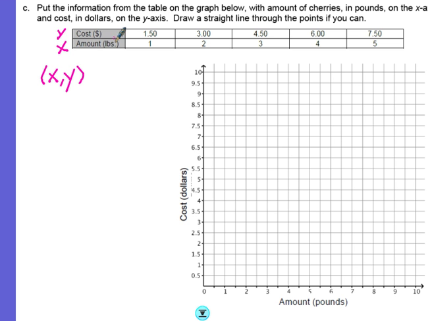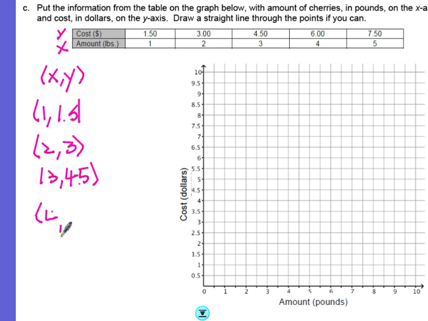So using that table, we could say the first point is 1, 1.5. The second point is 2, 3. The third point is 3, 4.5. And the fourth, 4, 6 for the next point.